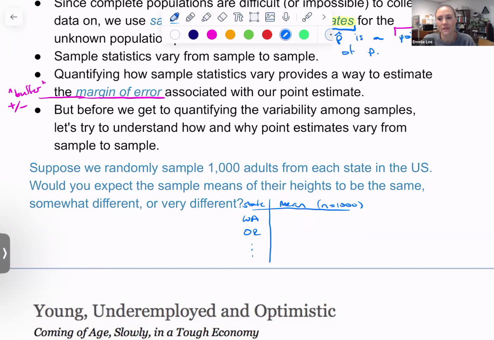Now, I don't know what these mean heights are, but I can denote them by an X bar. This is a little tricky because we said we're going to talk about proportions. Emily, you said, but in chapter 7, we're going to talk about means. Part of what we're doing here in chapter 5 is just introducing the difference between proportions and means.